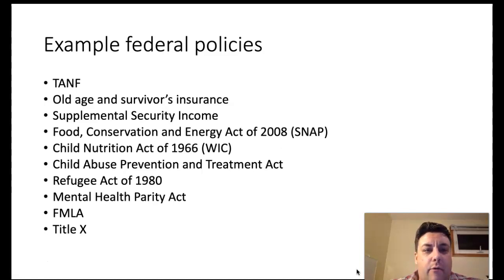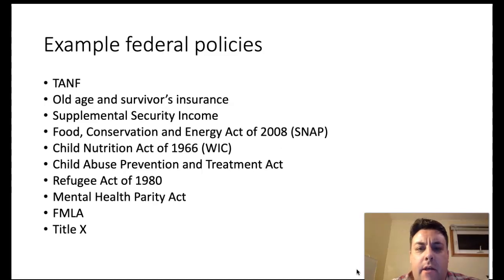That was welfare reform that was passed in the 90s under the Clinton administration. Old Age and Survivors Insurance is Social Security. Supplemental Security Income is disability. The Food, Conservation, and Energy Act of 2008 is what formed the SNAP policy.